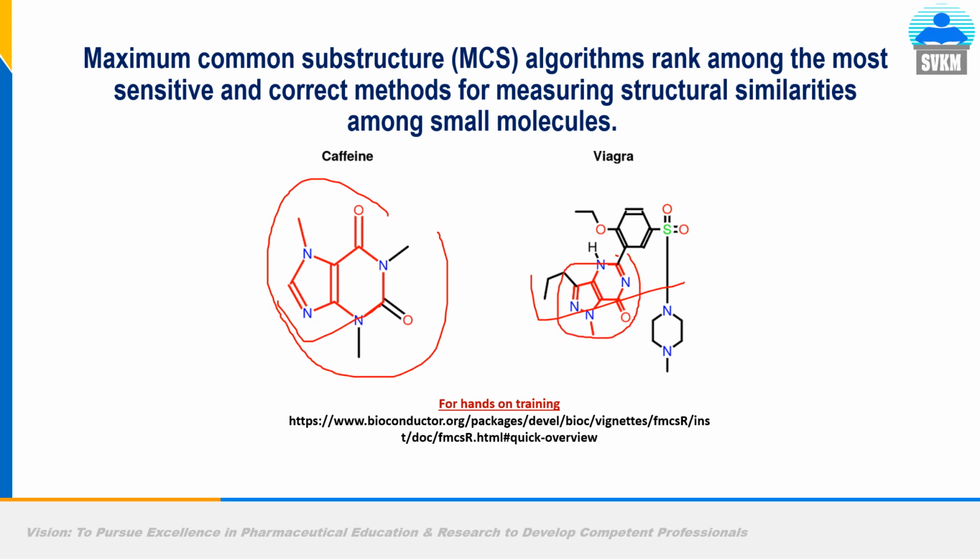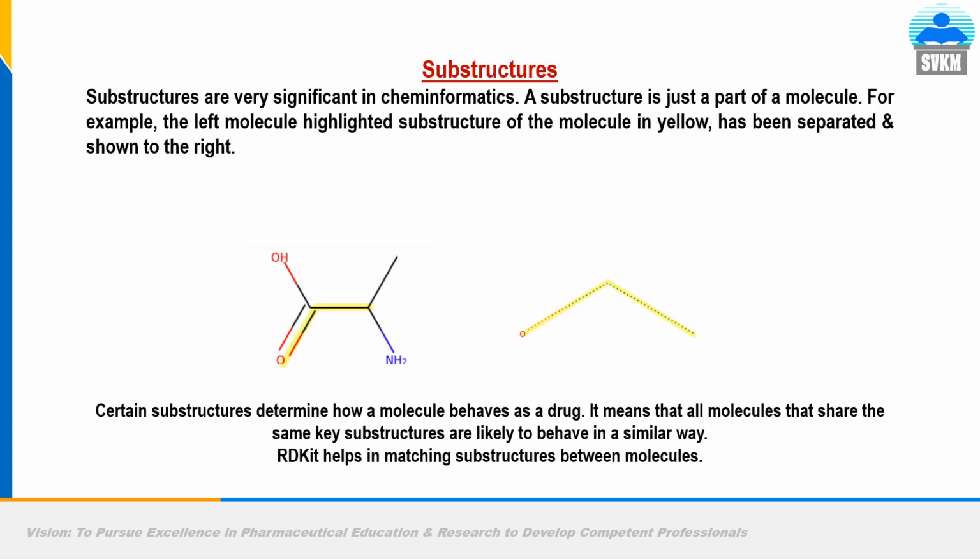For this type of hands-on training on finding and judging chemical similarity, you can go to this particular website, that is www.bioconductor.org. Various hands-on training tools they have given to see and learn how to measure the similarity. So there are a lot of chemicals. Humans cannot identify what part is similar. Here you have to go for a machine learning model to give you ready-to-use actionable insight for drug discovery.